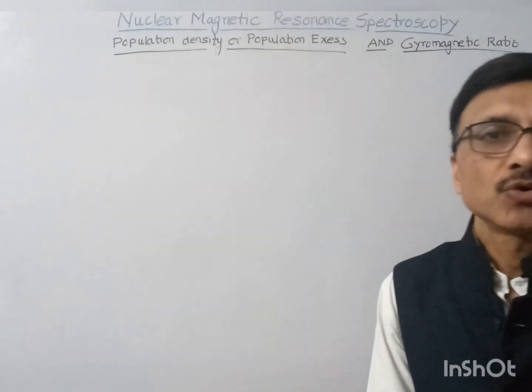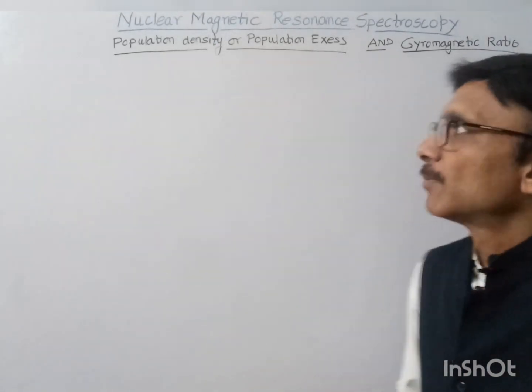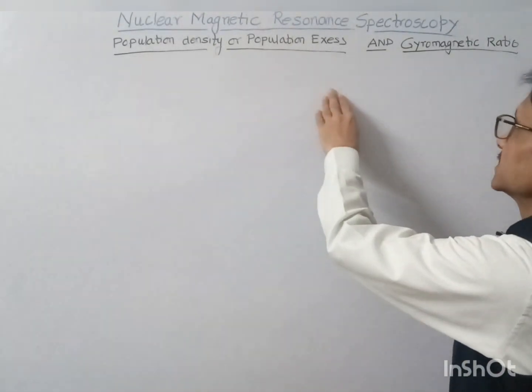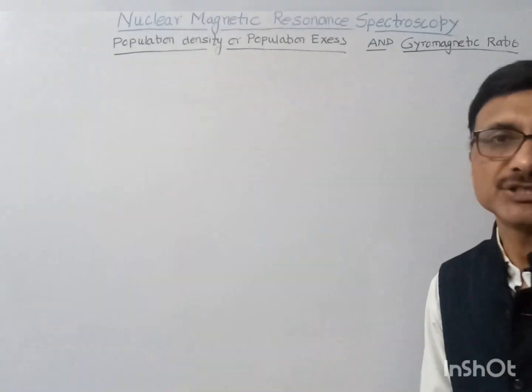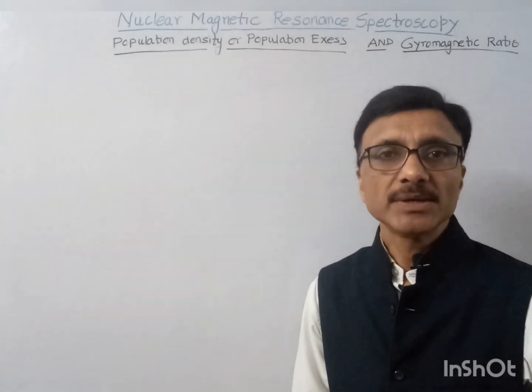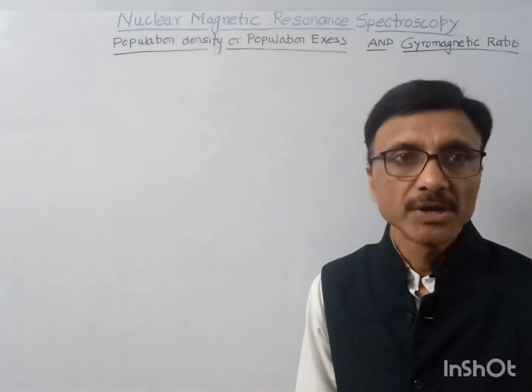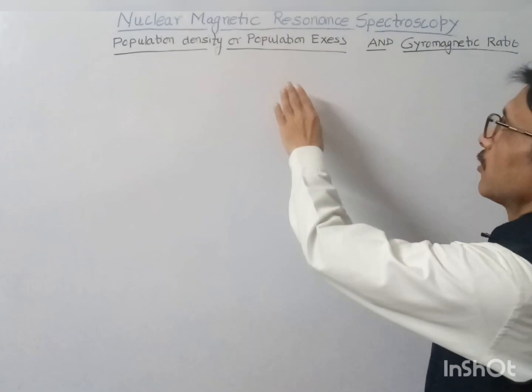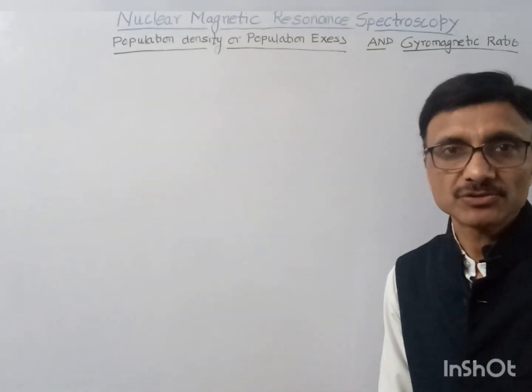In NMR Spectroscopy, today I will explain population density or population axis and gyromagnetic ratio. In my previous lecture, I told you about the precessional frequency or Larmor frequency. Now, what do you mean by this population axis in NMR spectroscopy?